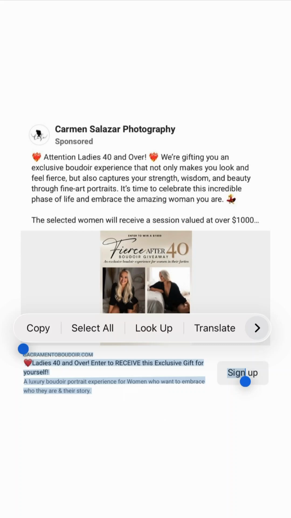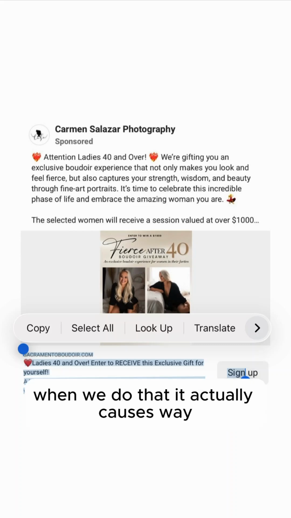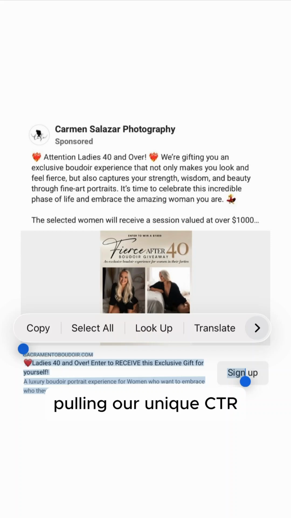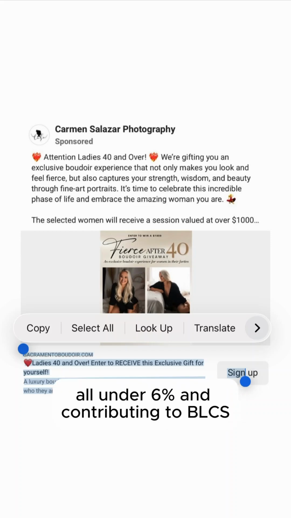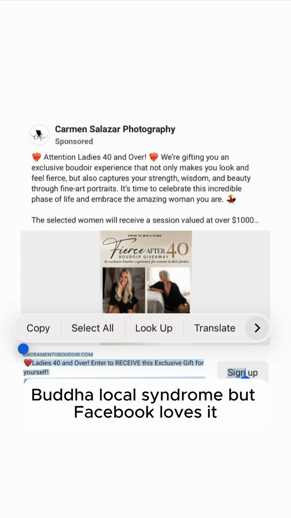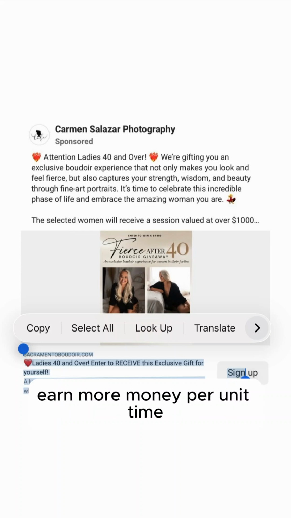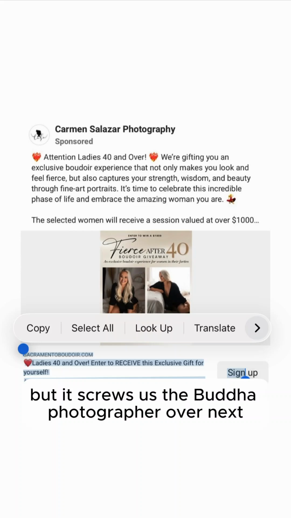And when we do that, it actually causes way, way, way more women to scroll by our ads than necessary, pulling our unique CTR under 6% and contributing to BLCS, Boudoir low click syndrome. But Facebook loves it because Facebook can serve more ads per unit time, earn more money per unit time, but it screws us, the boudoir photographer, over.